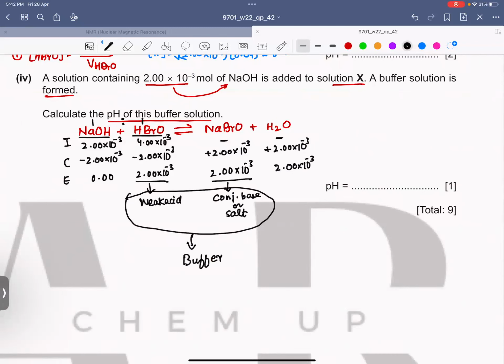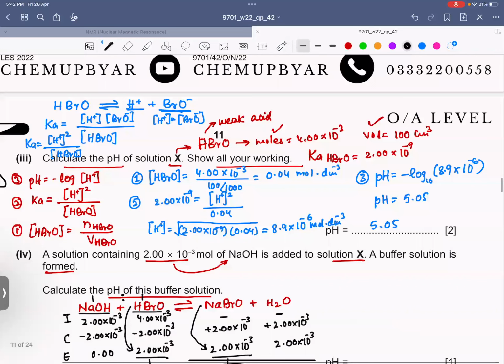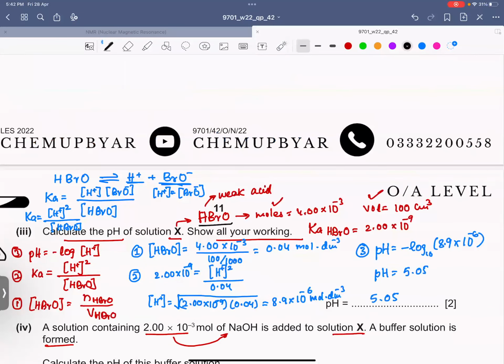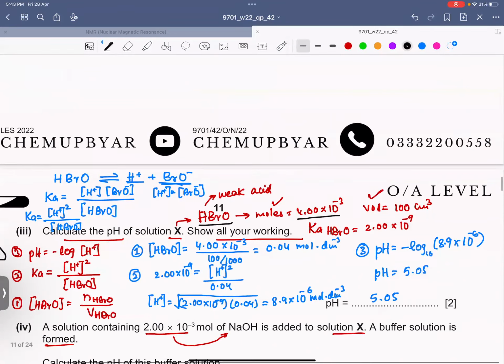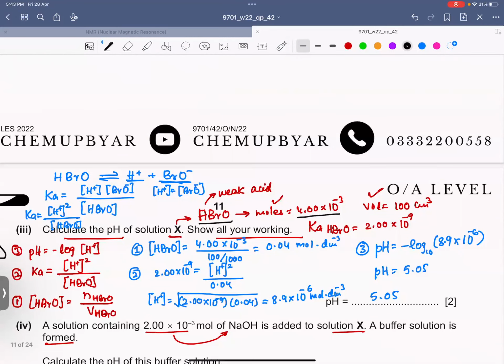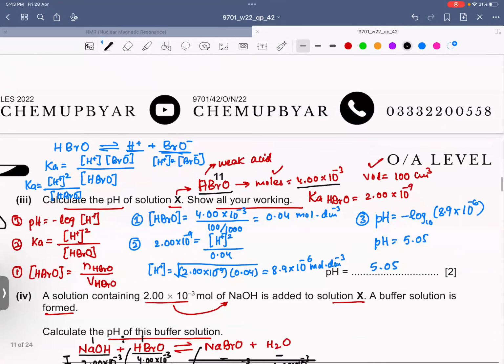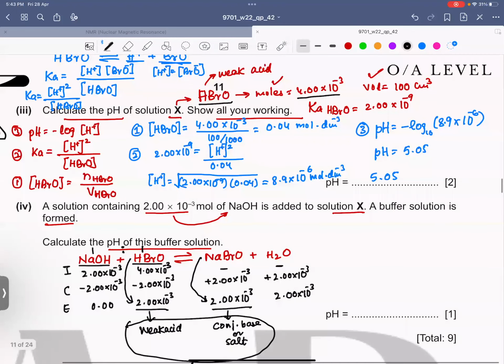The thing is that if you see, we all know that X is HBrO, right? Yes, sir. And its moles are 4 exponent minus 3, right? Is this clear? Yes, sir. Now think, how many hydrogen ions are over here?